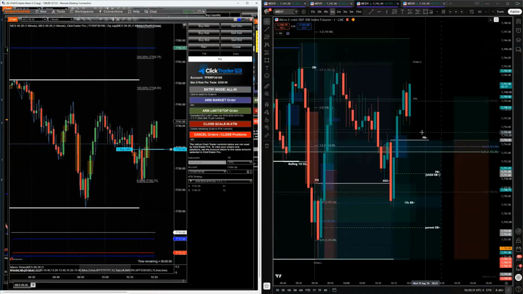Yeah, dang it. You could always do half position when the propulsion block confirms. Well, actually, right there, for example, and then add to it on the retest.